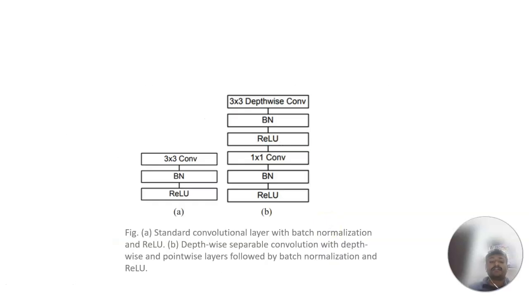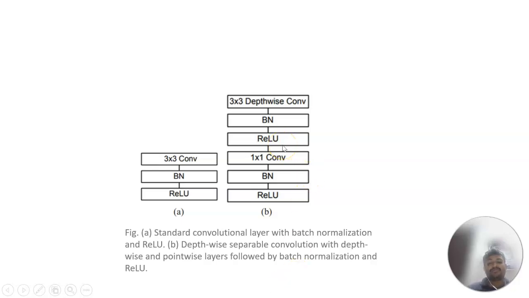In this MobileNet architecture, the main layers are batch normalization, depth-wise convolution, and ReLU activation. These are the main important layers. Figure A shows a standard convolution layer with batch normalization and ReLU.